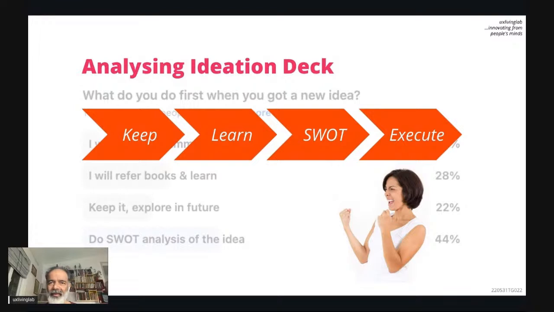That's going to happen, and it's still fine. Then that one idea you have to learn, then do the SWOT analysis, then execute. That is a winning point. That's what I want you to implement in your daily process, before coming to the organization level analysis.